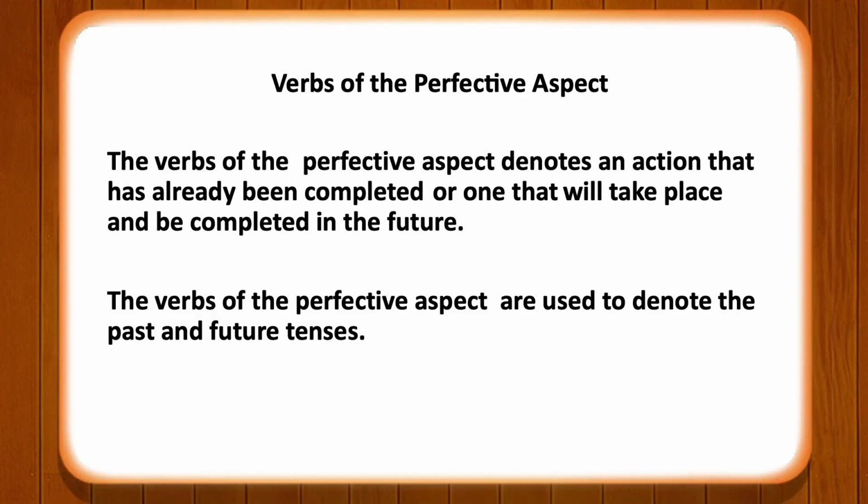The verbs of perfective aspect denote an action that has already been completed or one that will take place and be completed in the future. It is thus used to denote the past and future tense. The verb of the perfective aspect does not denote an action in present tense. I will repeat.